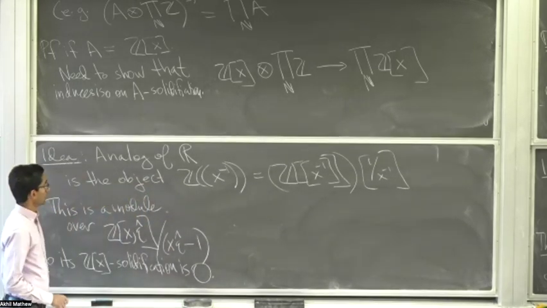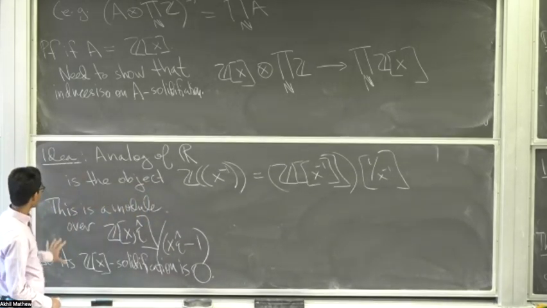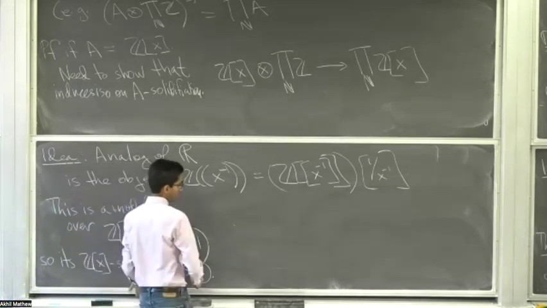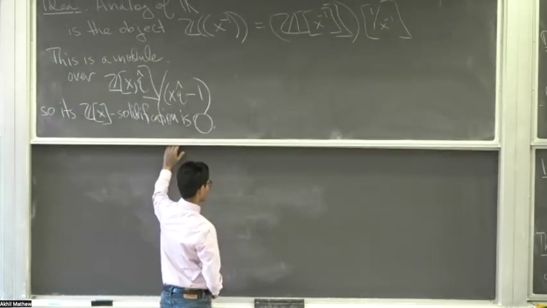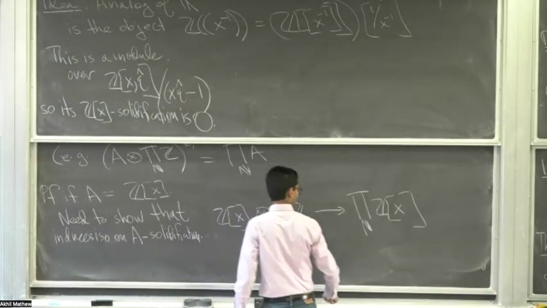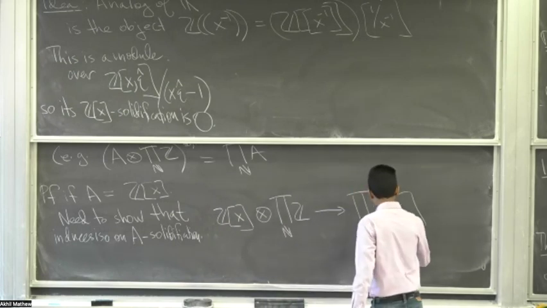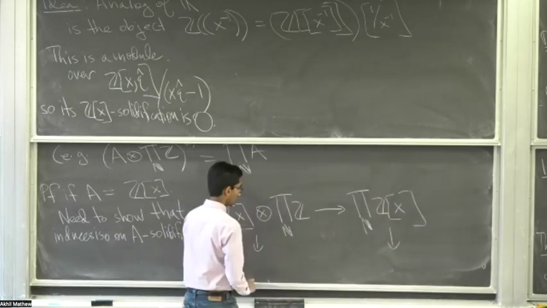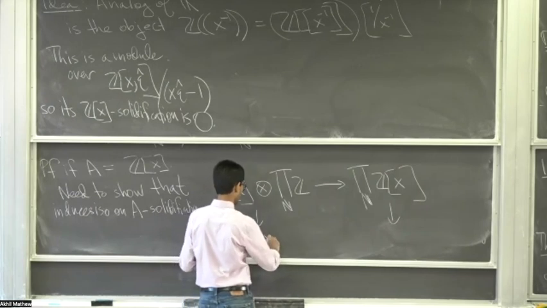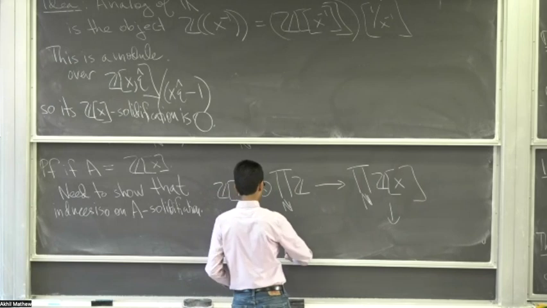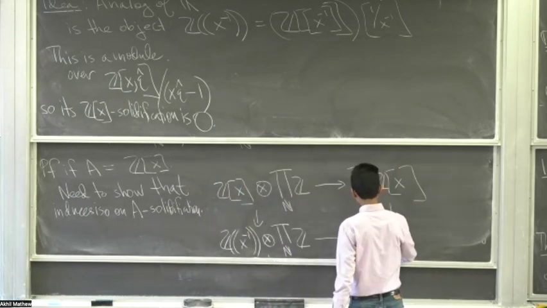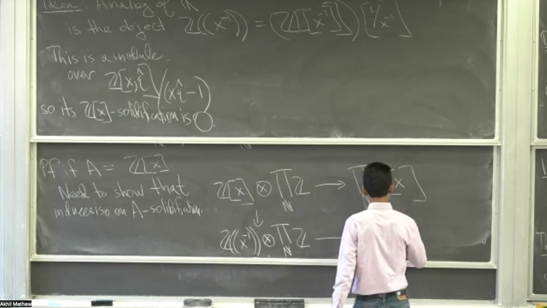Now we're going to do the same thing as with the real numbers. Let's go back to this board. The claim is that there's going to be a Cartesian square where you have Z Laurent series X inverse tensor product over n with Z, mapping to the product over n with Z Laurent series X inverse.